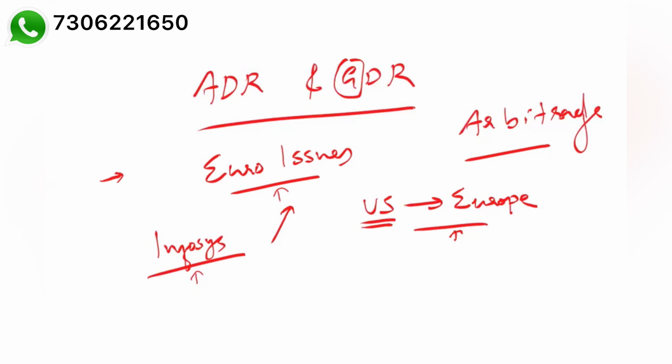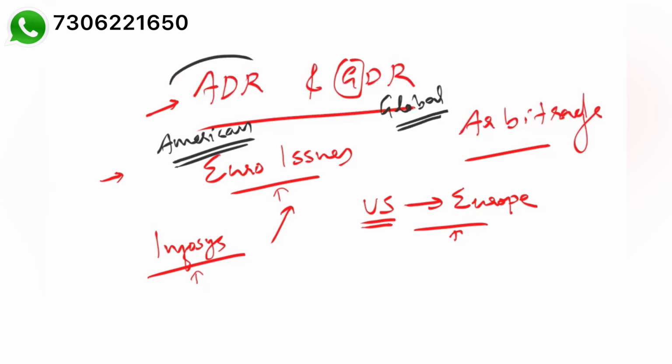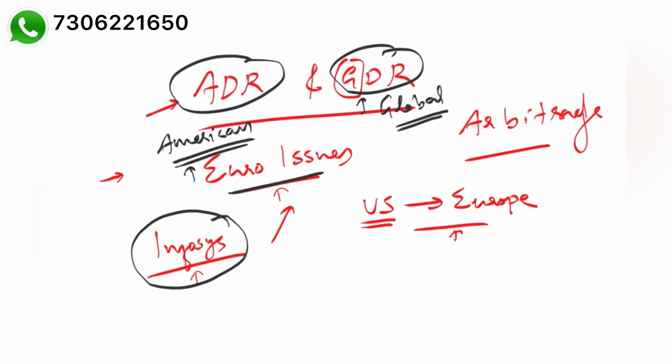Now, Global Depository Receipt is a general term. ADR is American Depository Receipts, which is specific, and GDR is Global Depository Receipts. Both come under Euro issues. That means if any company wants to issue its securities in a foreign country, that's called Euro issues.